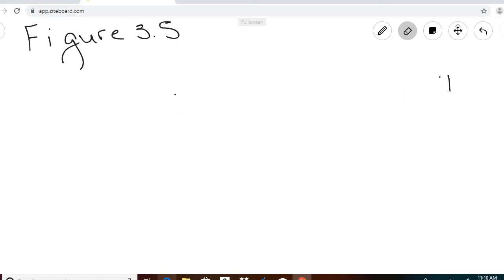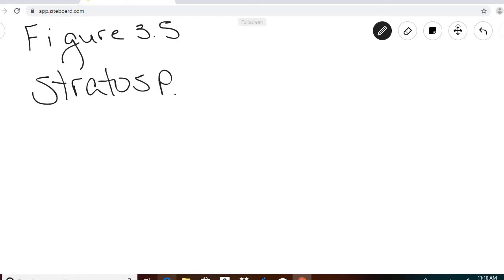Then the next area that we'll talk about that makes up the homosphere is called the stratosphere. So remember, the stratosphere exists from about 7 miles up to about 30 miles. So 7 miles above sea level to 30 miles.